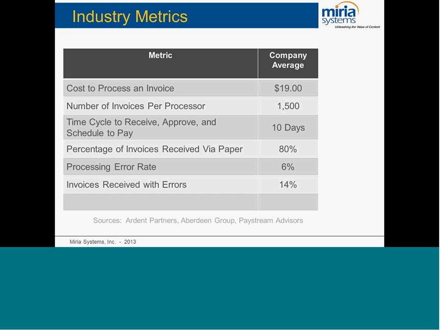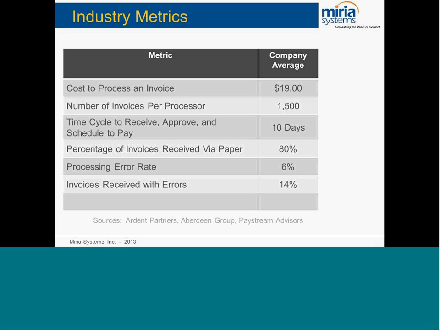Even though this is sort of where the industry's at, they're still well over 75% still dealing with paper. You yourself may be down to 30%, but that 30% may still have 20 AP processors, and the return on investment is still there.